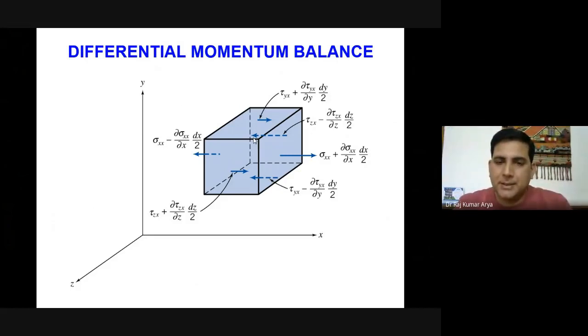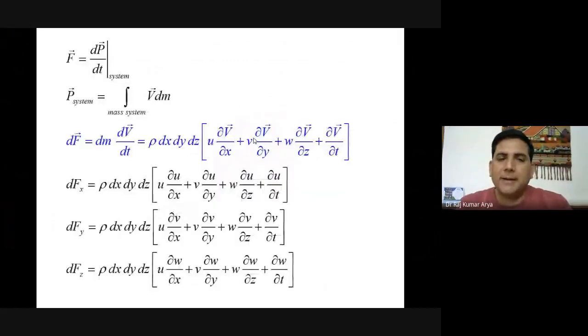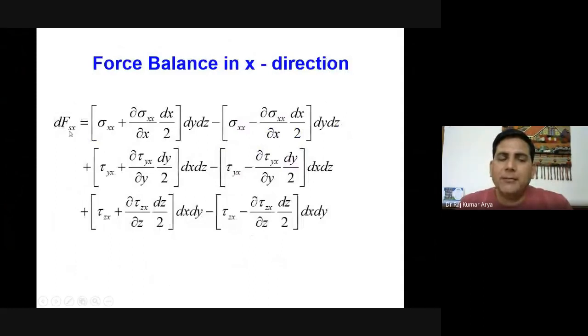Yes, sir. Now that's what is being done here. Here dFsx means surface forces in direction x, because forces can act only on the surface, internally they will not. Correct or not? Yes, sir.